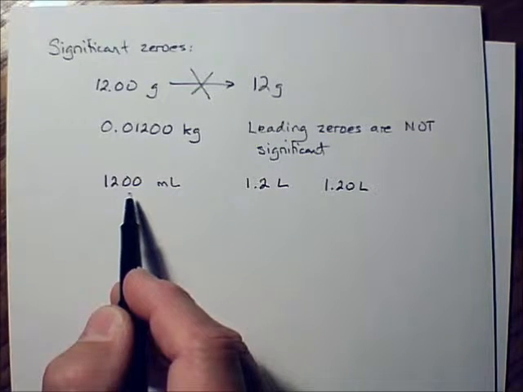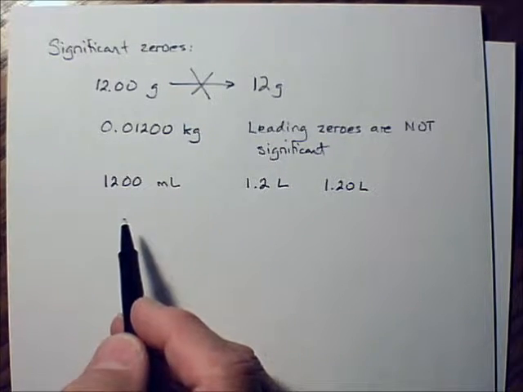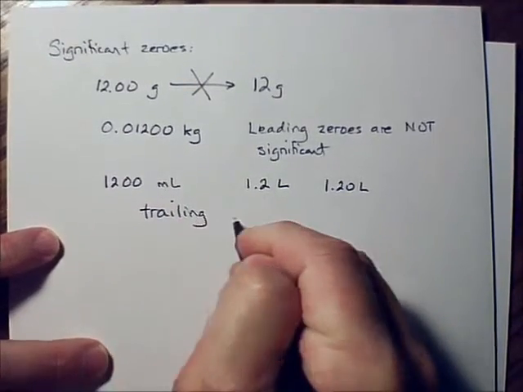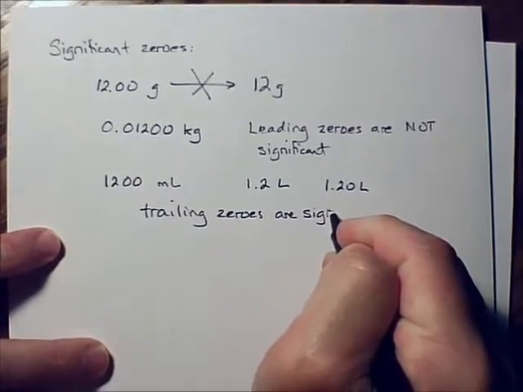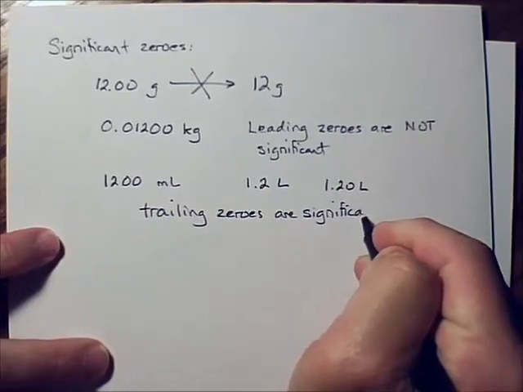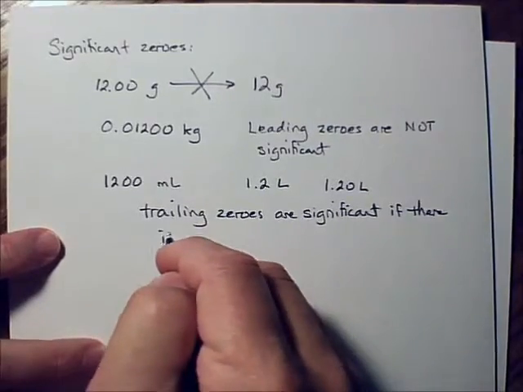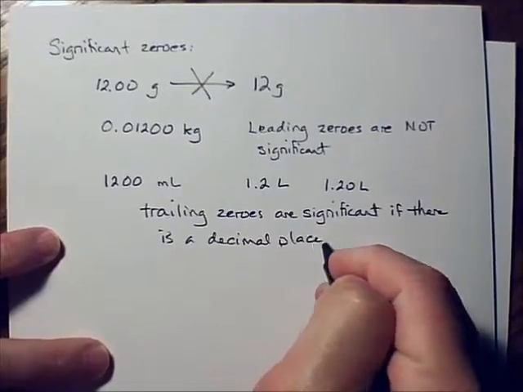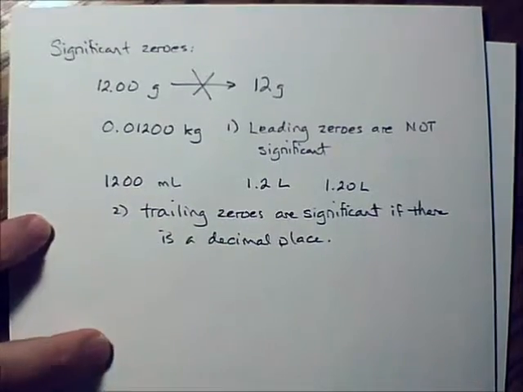Trailing zeros are significant if there's a decimal place in there.